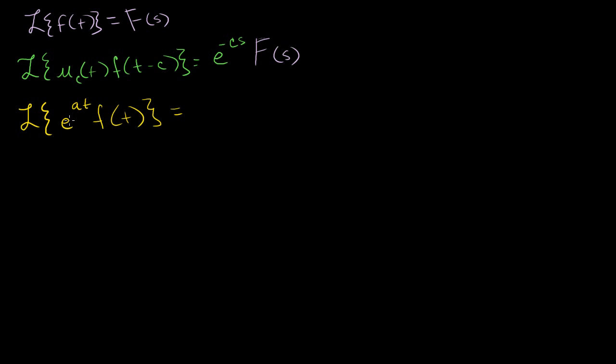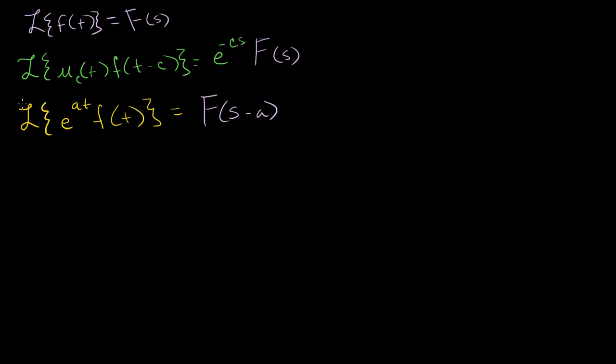In this situation, when we multiply it times the e to the positive at, we end up shifting the actual transform. So this becomes F of s minus a. These two rules are very easy to confuse with each other. So we're going to do a couple of examples where we have to figure out which one of these two applies. And let's write all the other stuff that we learned as well.